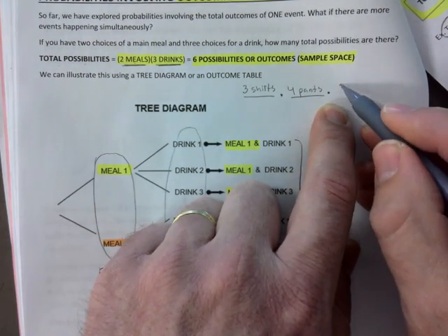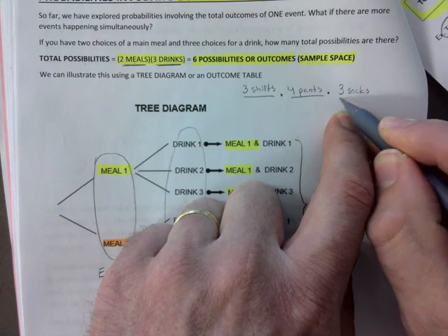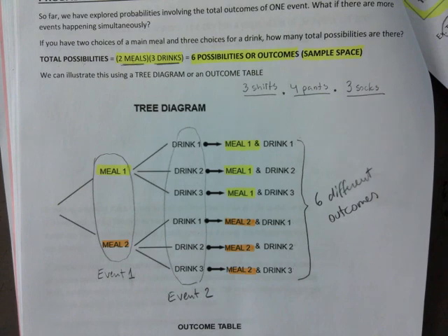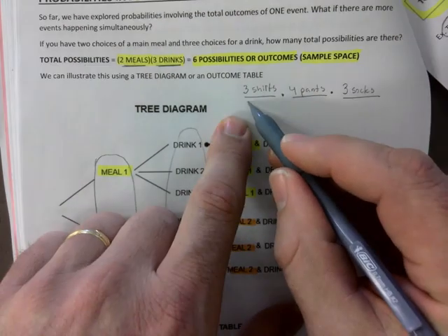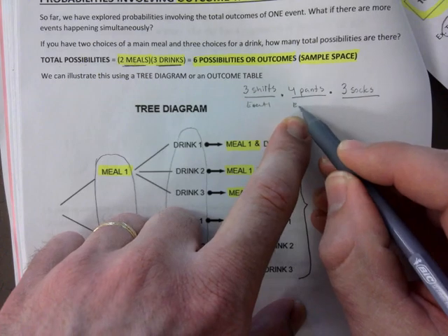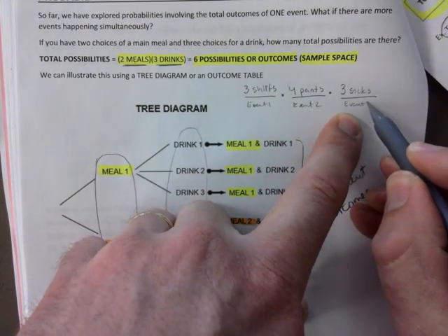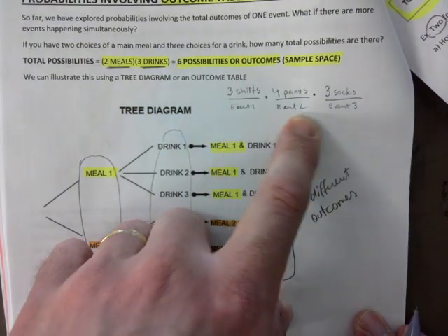And 3 different socks. How many different ways can I possibly get dressed? And how many different ways that are unique? Well, this would be event 1, event 2, event number 3.